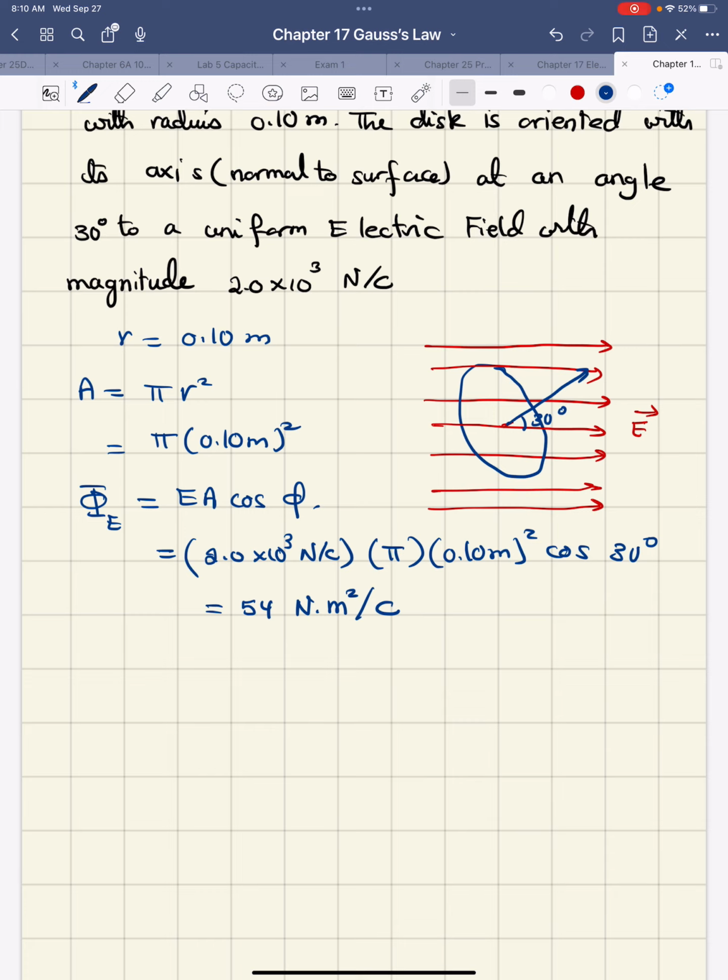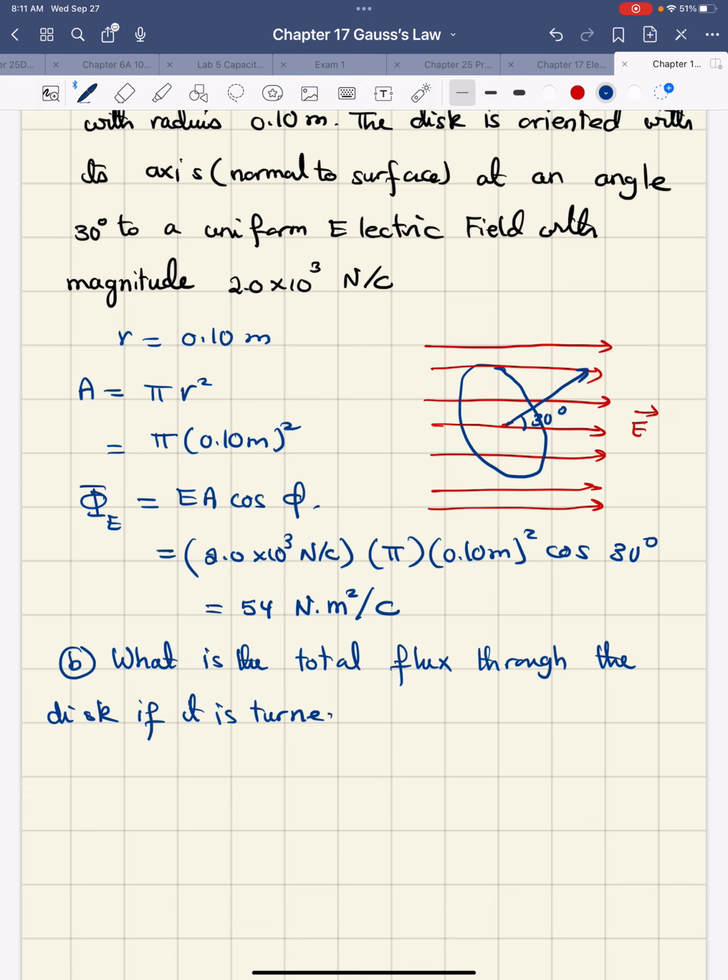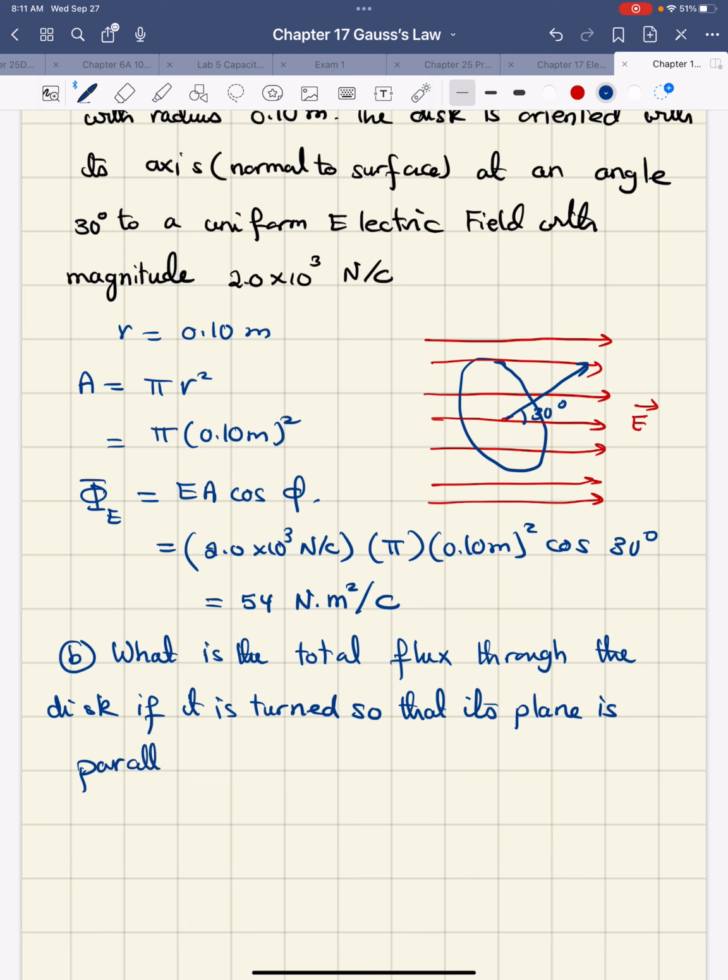Also, we can repeat the calculation when the disk is turned so that its plane is parallel to E. What is the total flux through the disk if it is turned so that its plane is parallel to E?